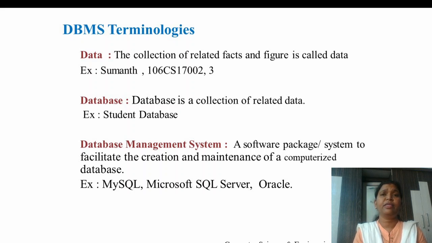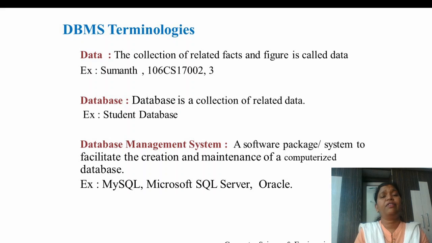We have many such semesters: first semester, third semester, fifth semester, and so on. All that data related to the particular branch we call a database. So in general, a database is a collection of related data. Taking your class, your branch, your college, a student database can be a best example.